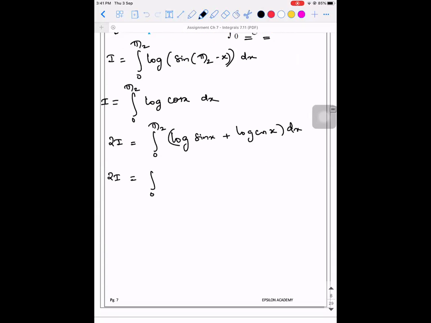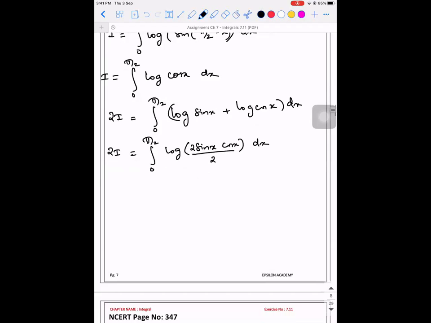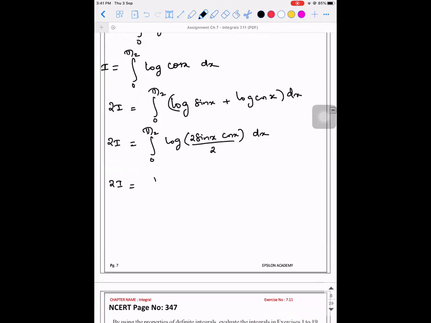Log a plus log b is log of sin x cos x. Whenever you have sin x into cos x, what can we do? You can multiply and divide it with 2 such that it becomes a single trigonometric function. So 2I will be equal to integral of 0 to pi by 2 log of sin 2x divided by 2 dx.